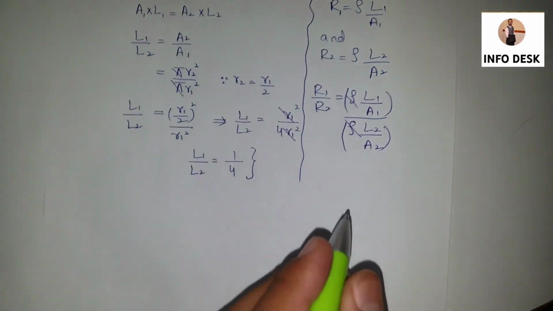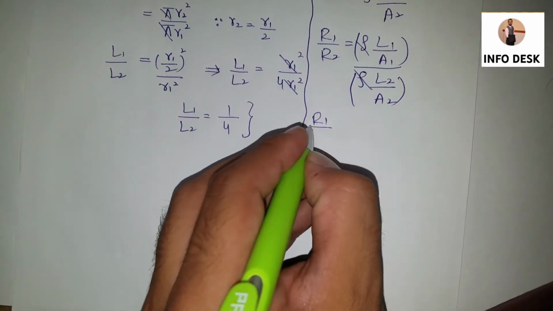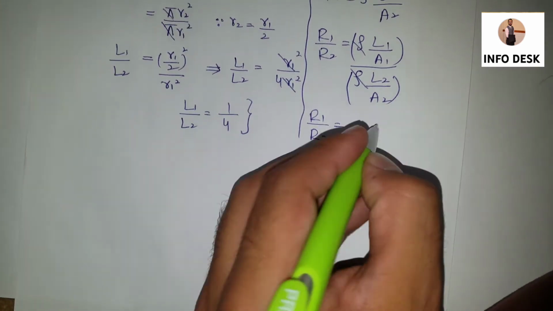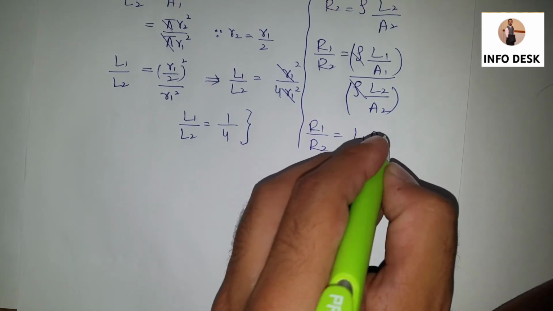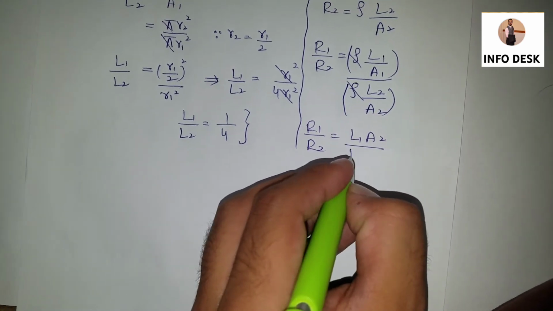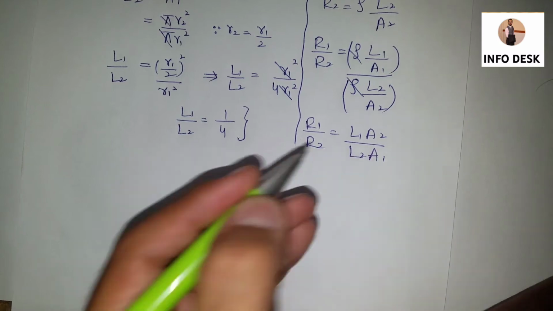If we rearrange the expression, the ratio will become R1 over R2 equals L1 A2 over L2 A1.